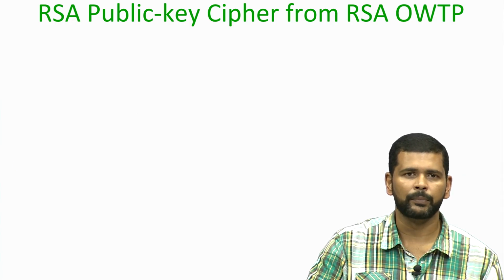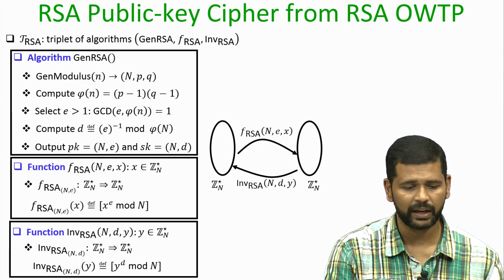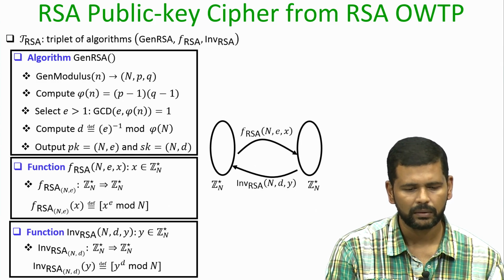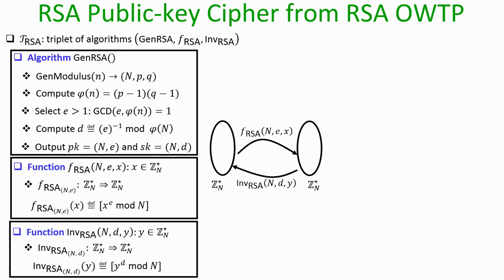So, let us recall the construction of plain RSA public key cipher from the RSA one-way trapdoor permutation. You have the RSA trapdoor permutation scheme, which has its key generation algorithm. Basically, the key generation algorithm picks uniformly random n-bit prime numbers p and q and computes the modulus big N, which is the product of p and q. Then given p and q, it computes the value of phi of n, namely the size of the group Zn star.